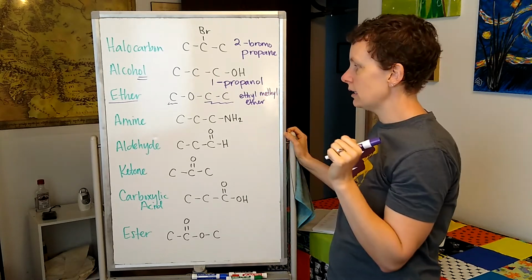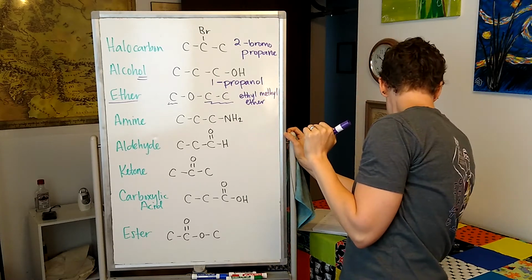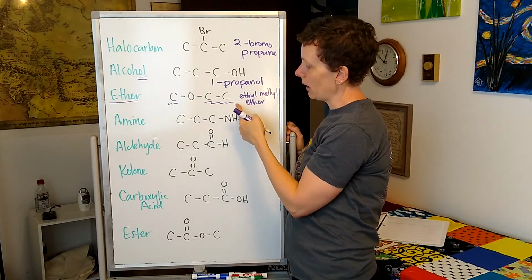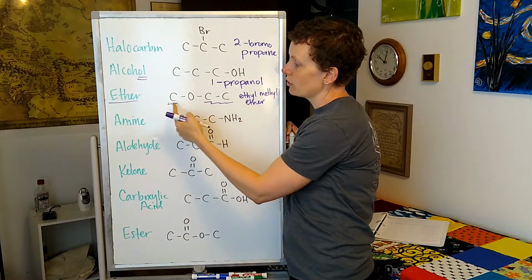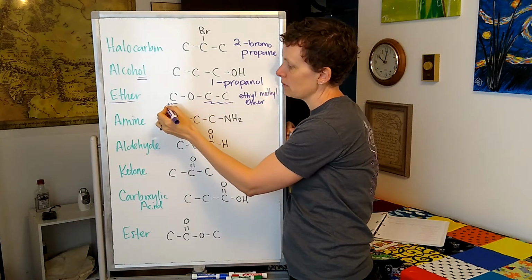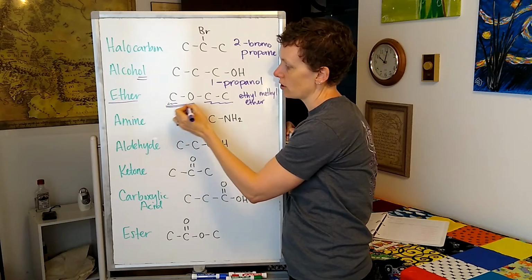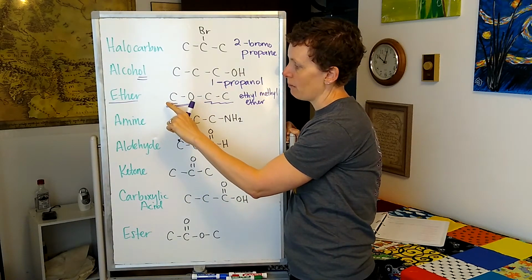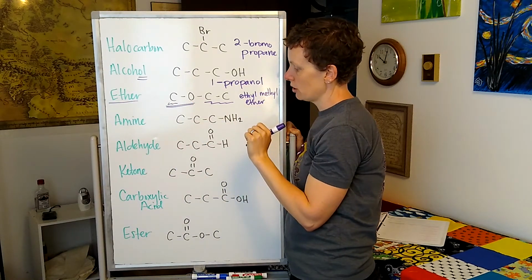Now there is another way to name ethers, okay? And that is to take the longer side and call that your parent. And the shorter side is the branch, but it's going to end in oxy. So this becomes the branch in the alternative method. And because it has one carbon, it's a methoxy branch.